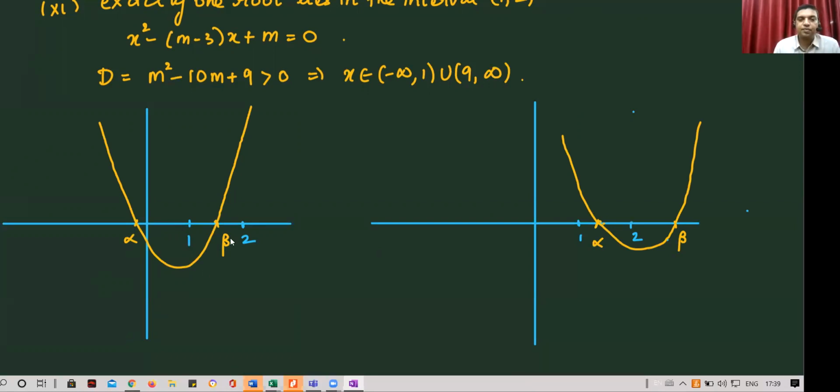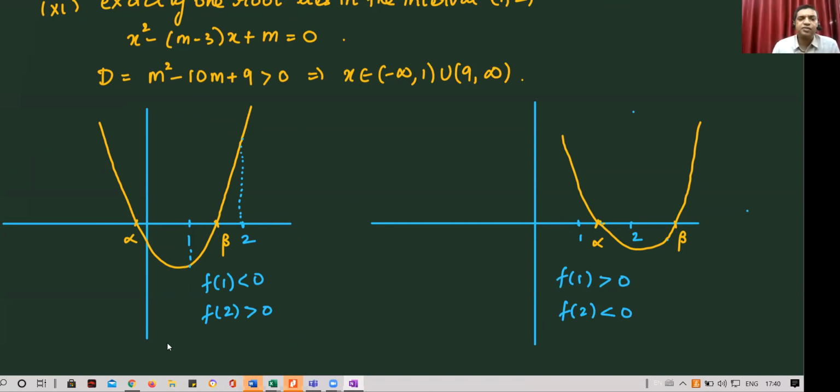In this particular case, f of 1 is negative and f of 2 is positive. And here f of 1 is positive and f of 2 is negative.